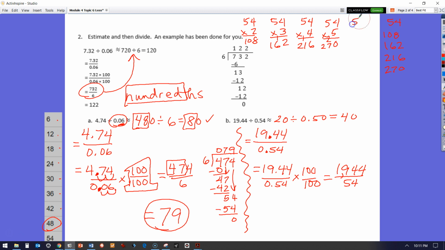And last but not least, 54 times 6. I usually go up to 9. You know what? Let's just go all the way up. 4 times 6 is 24. 5 times 6 is 30 plus 2, 32, so 324.